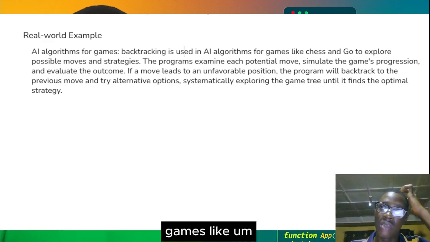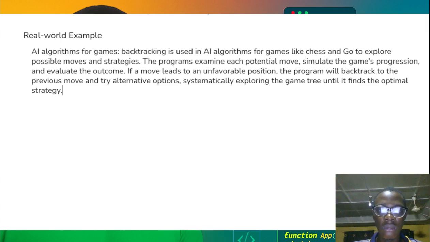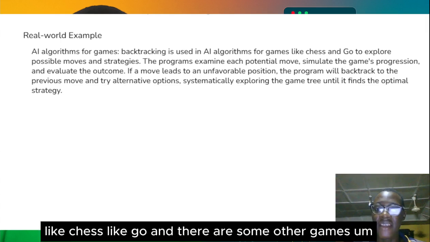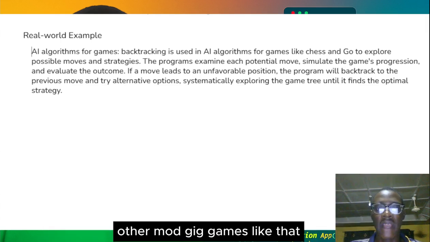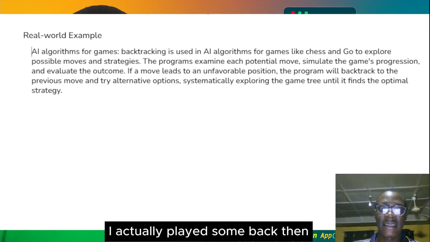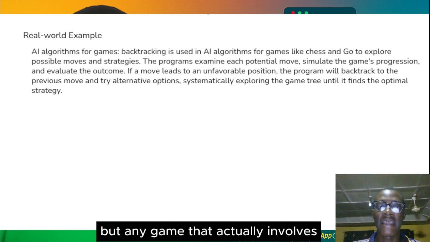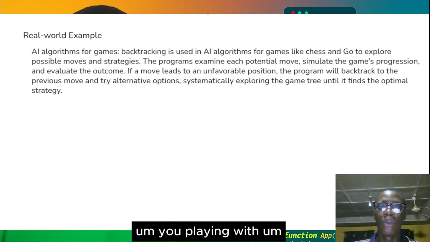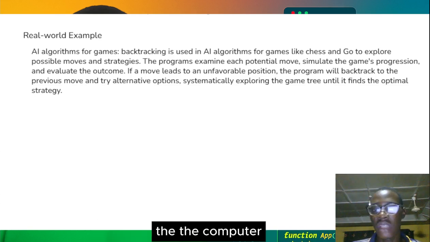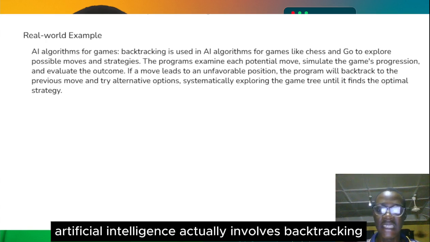Imagine all these games, like chess, like Go, and some other games. I actually played some back then, and I'm starting to forget about them. But any game that involves you playing with the computer, you playing with artificial intelligence, actually involves backtracking.